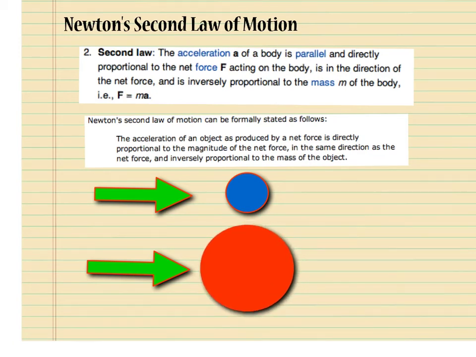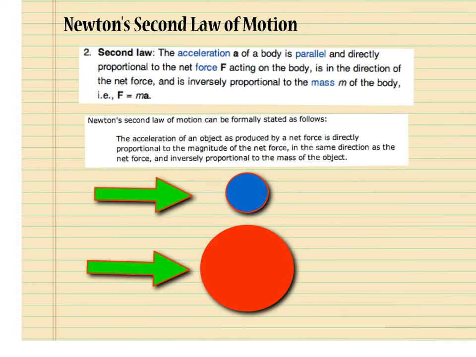Remember we talked about how a force is a push or a pull, but that means that we are changing the motion. We are accelerating that object. So we have a blue ball that has a mass, and we have a red ball that has twice that mass. So what's going to happen to the acceleration? Well, you guys know the answer to this already.